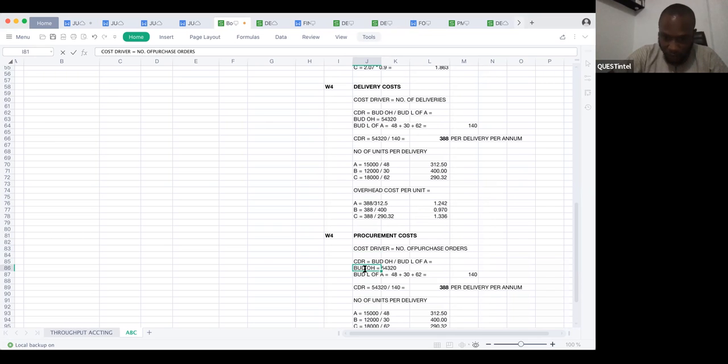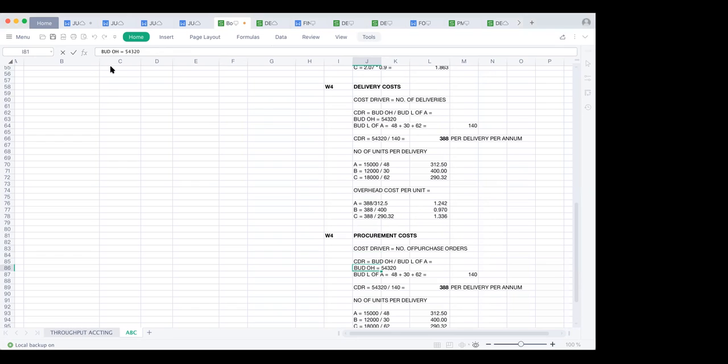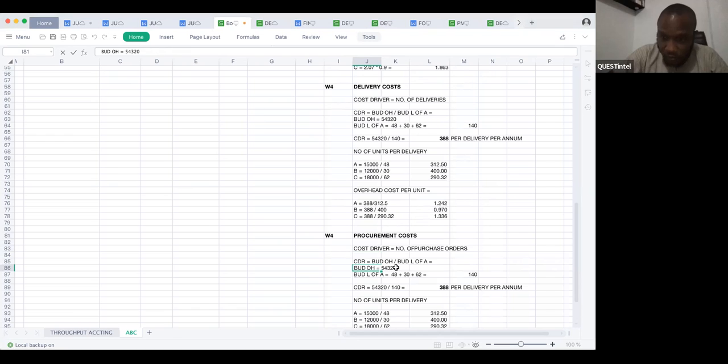So what's our budgeted overhead? 48,000. Then our budgeted level of activity, different.